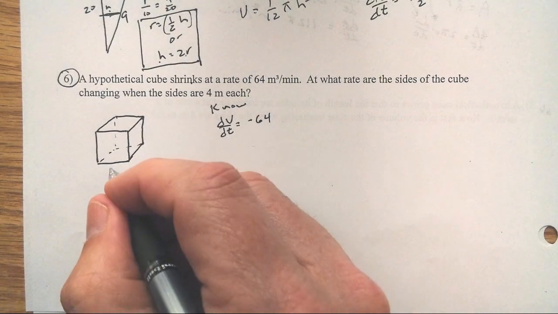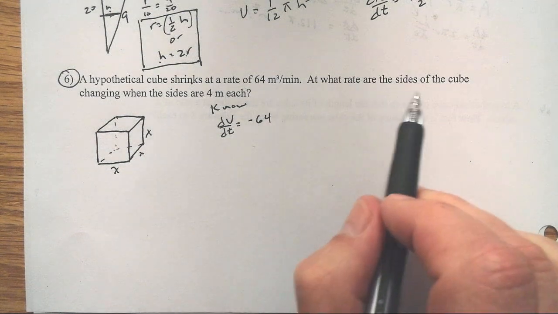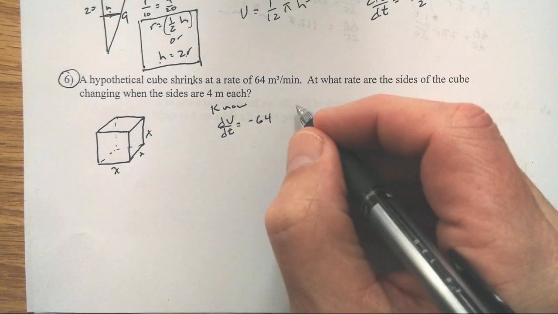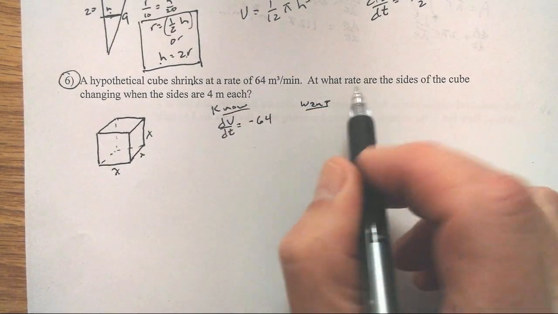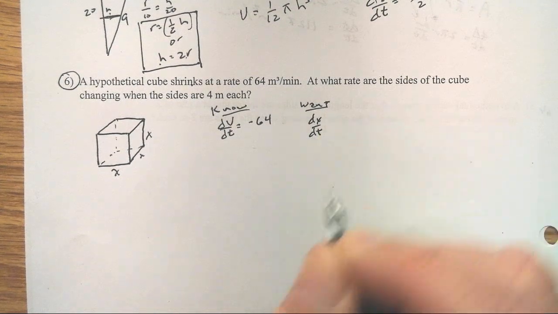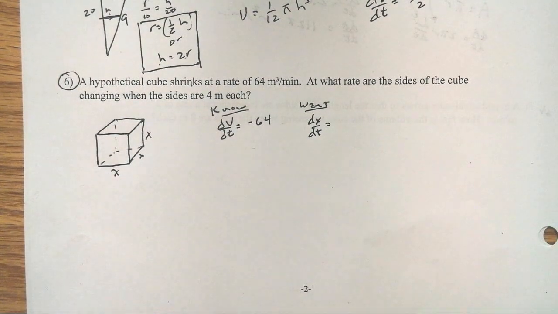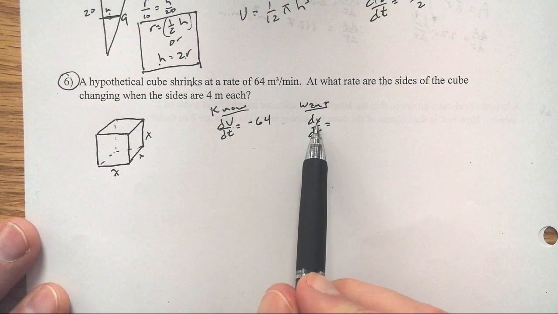Well, if it's a cube, then this side is x, this side is x, this side is x. What we want to know is the rate of the sides. We want to know how fast is x changing with respect to time. So now we need a formula that ties volume in with x.